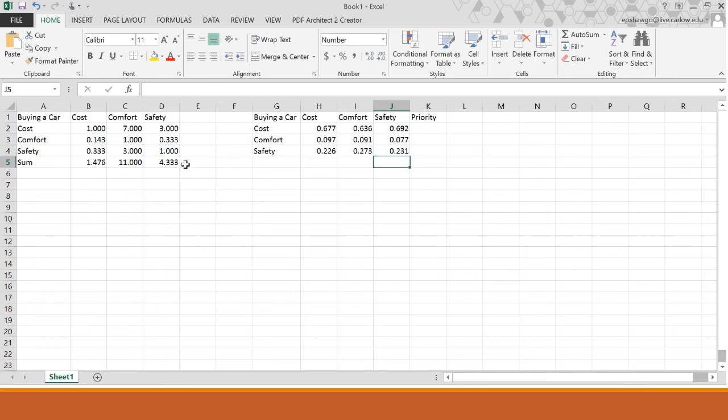From this normalized matrix, we obtain the overall or final priorities by simply calculating the average value of each row, which I can also do using Excel.